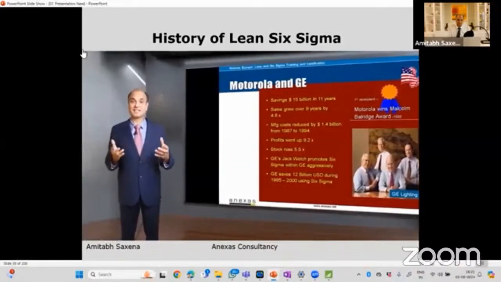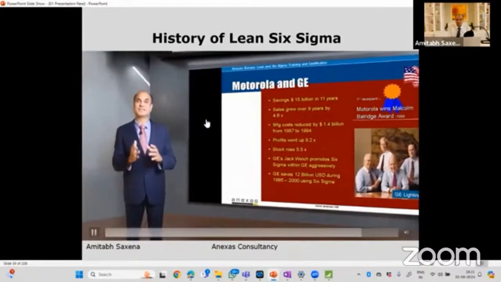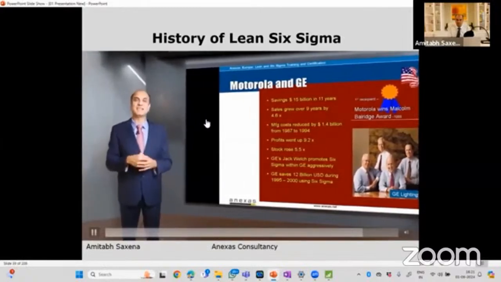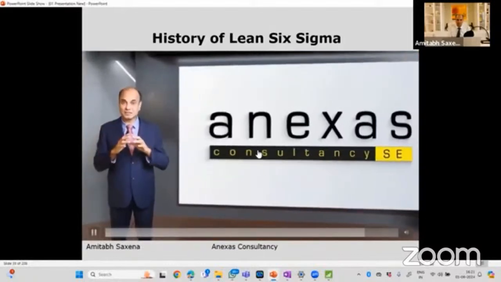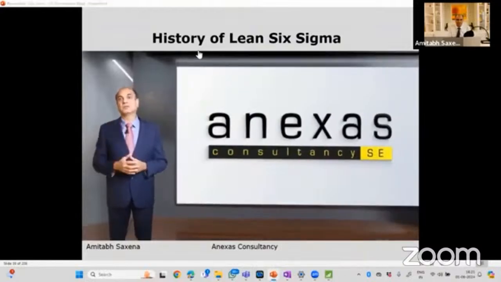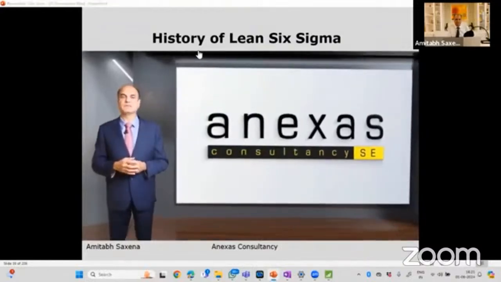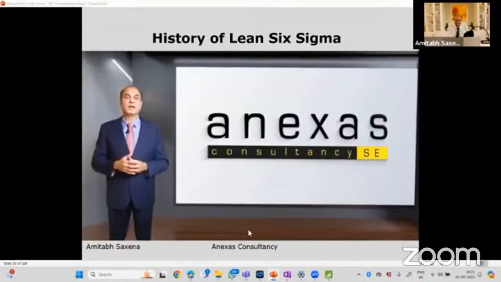So vendors also started asking what is Six Sigma, and GE would say that we will send our master black belts and train you in this methodology. So in this manner, Lean Six Sigma spread out around the world, and today almost 80% of the Fortune 100 companies and many, many more companies around the world have implemented Six Sigma and Lean.